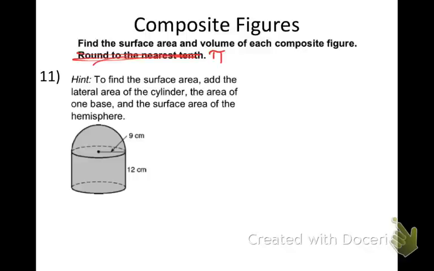All right, so let's look at number 11 here. To find the surface area, add the lateral area of the cylinder. So what is the lateral area of the cylinder? It'd be 18 pi times 12, which is 216 pi. And then the area of one base.